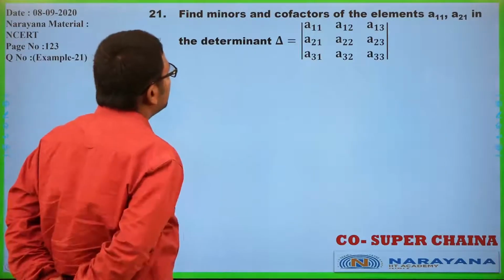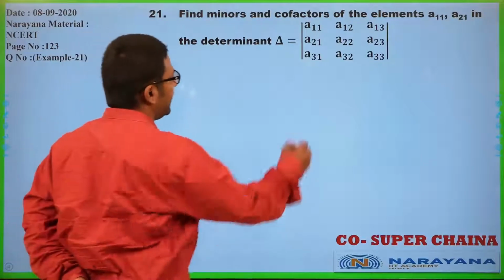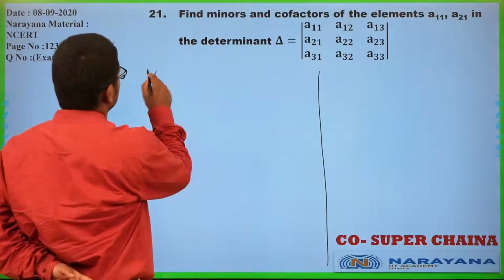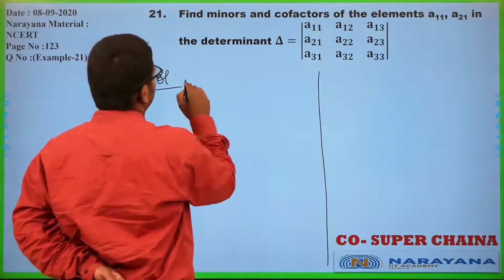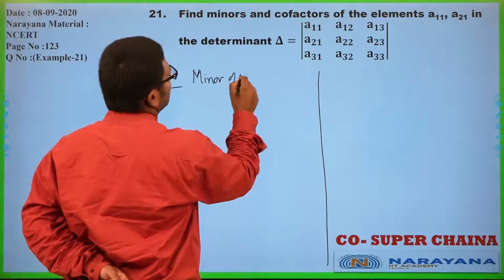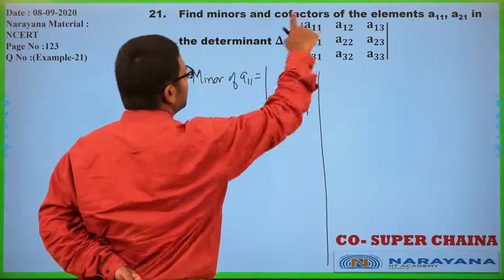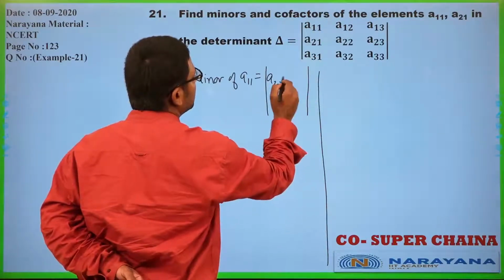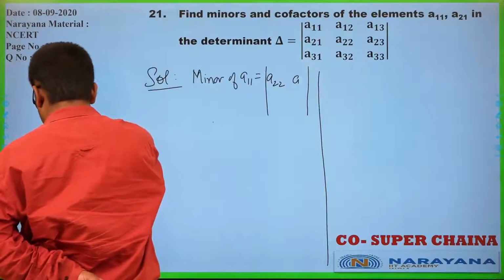Find the minors and cofactors of elements A11, A21 in this determinant. Okay. So, minor of A11 would be, leave first row, first column. So, A22, wait, there's not much space.